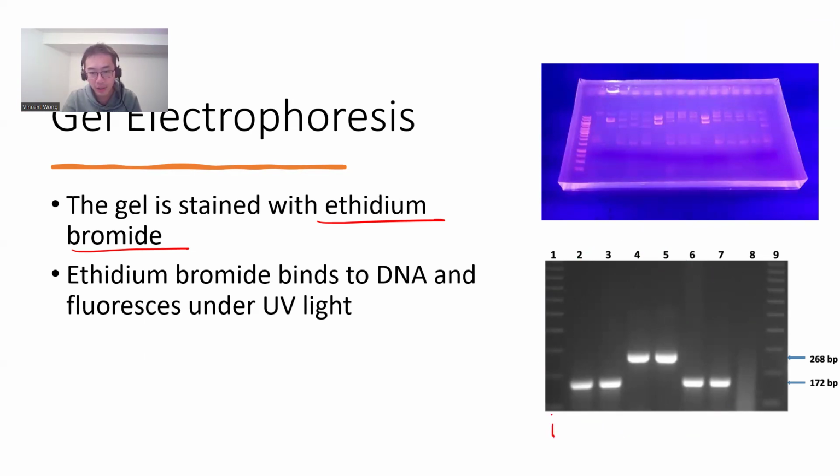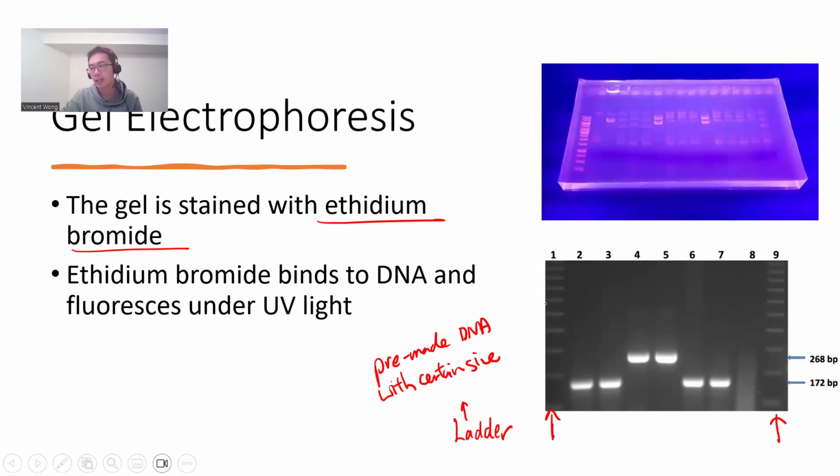So the first lane here and the last lane here, you can see there are many bands. These are actually called ladders. You can buy them. These are pre-made DNA with certain length, certain size. So that's for you to measure your DNA sample.